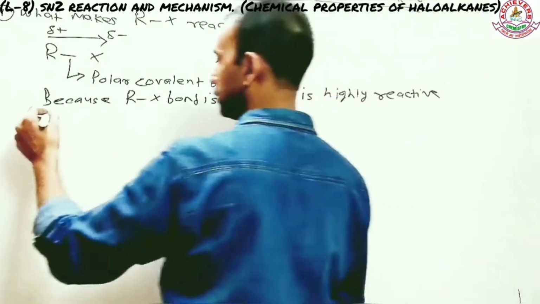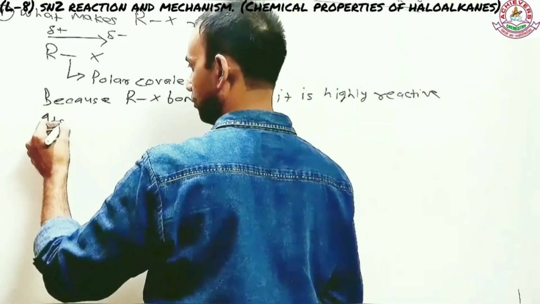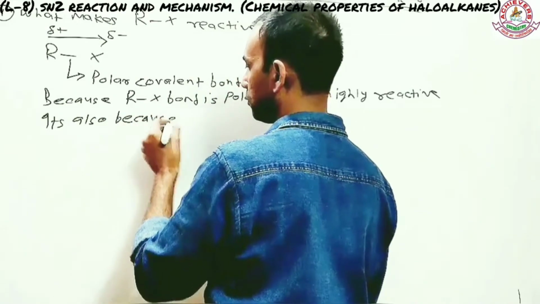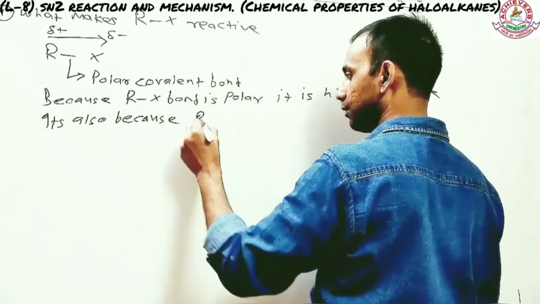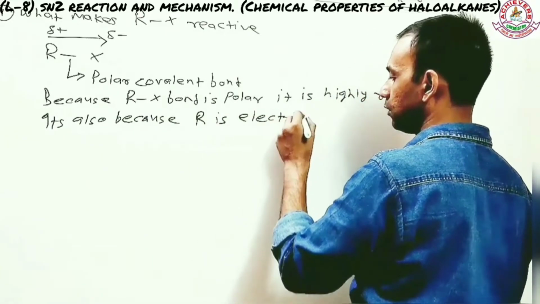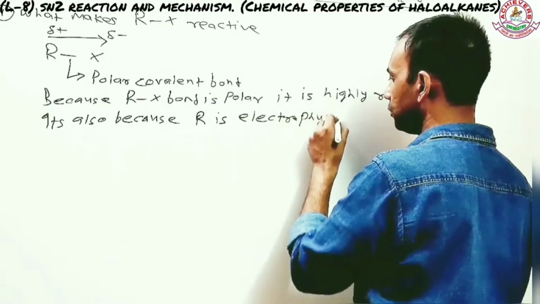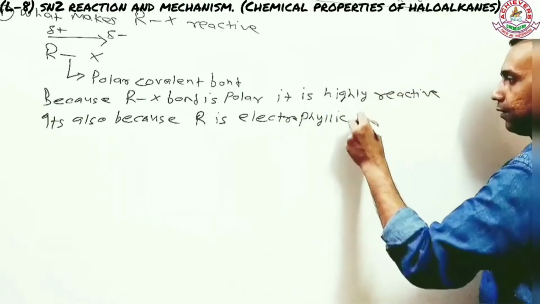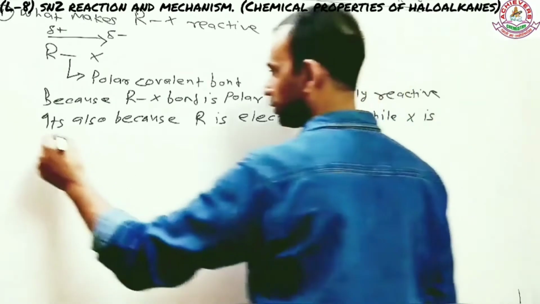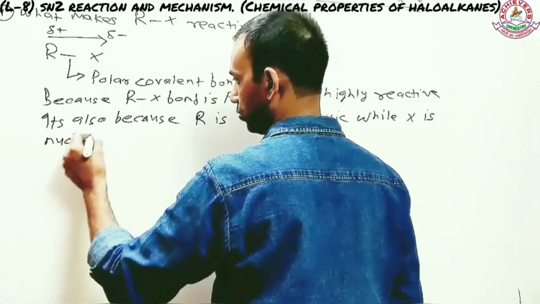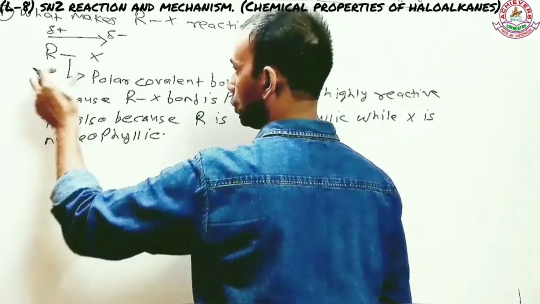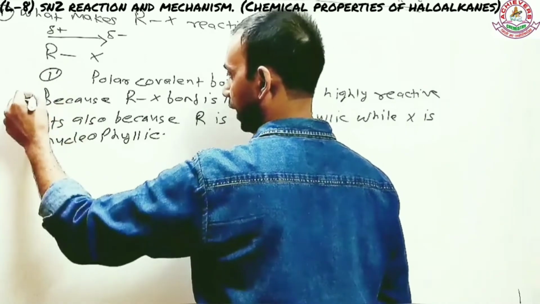It's also because R is electrophilic. R is electrophilic, I hope you do know, while X is nucleophilic. So I give you two reasons. The first, and this is the second one.